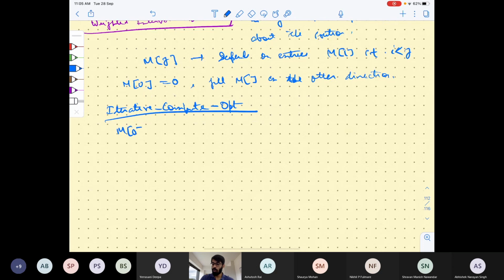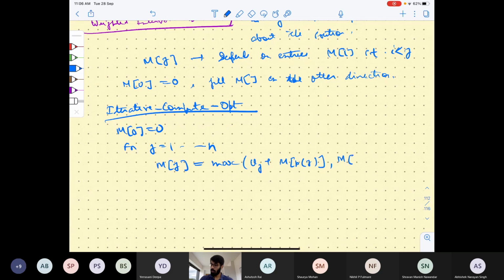It will just put M0 equal to 0. And for j equal to 1 to n, Mj is equal to whatever the formula we had: max of Vj plus M of pj, comma, M of j minus 1, right?